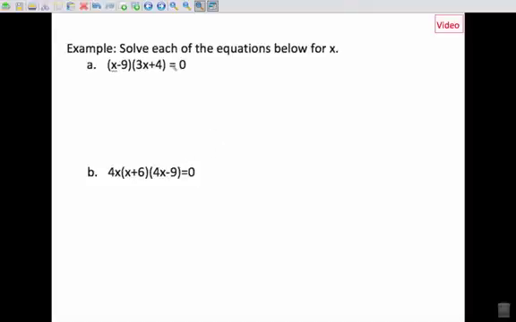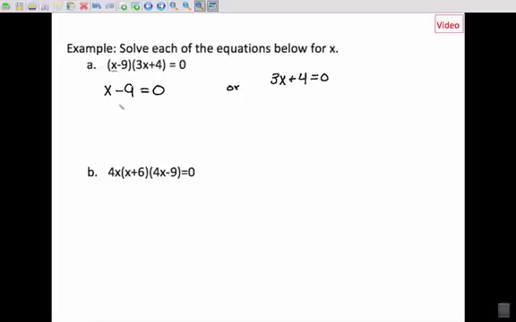I also notice that in the y's, we equal 0 both times. So that means we can use the zero product property to say that either x minus 9 is going to equal 0, or 3x plus 4 is going to equal 0, because we know one of them has to be, or both of them could be, for our product to equal 0.